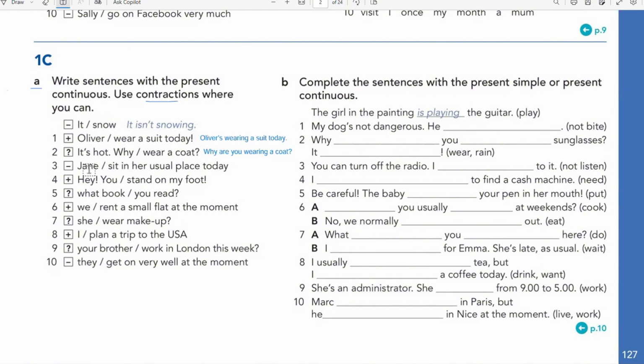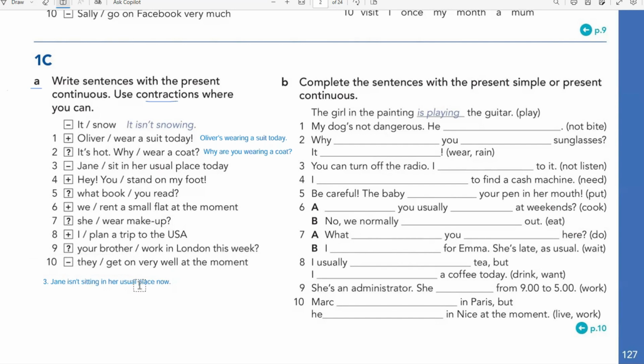Number 3 is negative. Jane. Jane is she. For she, we use is. Negative, it will be isn't. So Jane isn't sitting in her usual place today. So let's write it down here at the bottom. Number 3, Jane isn't sitting in her usual place today. You see, guys? This is a temporary situation.